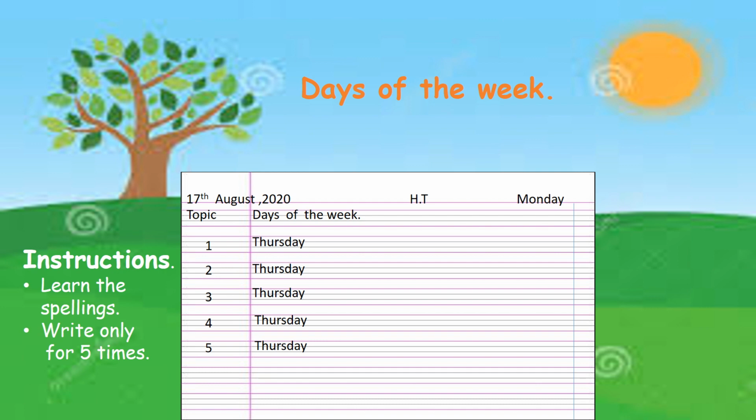What you have to do, you have to learn the spelling of Thursday and write these spellings just 5 times in good writing. And send me the image of your written work. I just want to see how you are doing your work. Are you doing your work in good writing? I will give you stars on your work.